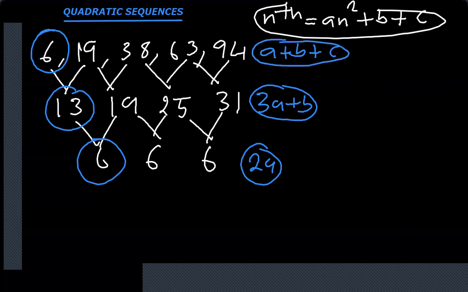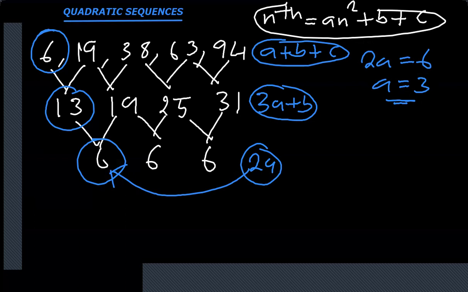Good. Now let's start. The 2a will be equated to the 6, so 2a is equal to 6. So a will be 3, using the divisibility property, you divide by 2 on both sides.